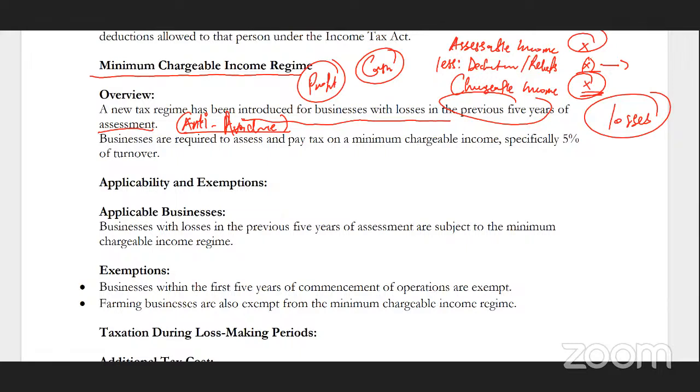It doesn't make sense, right? You get the chance to close your business down if over 5 years you are making losses and you are still operating business. It's very bad. Okay, so this one cannot be done.